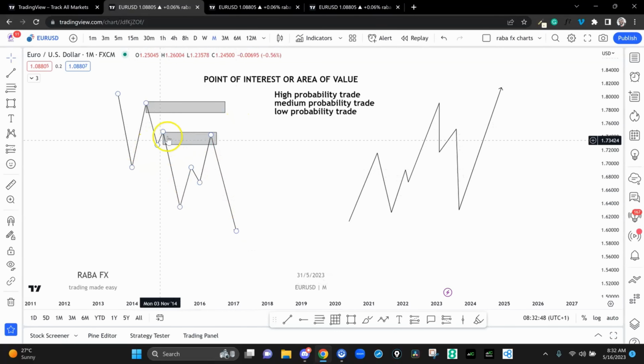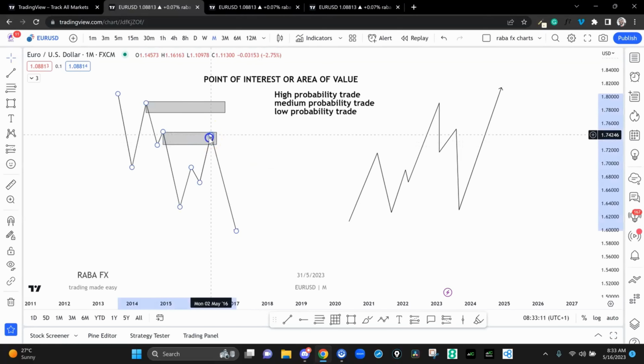Then you look at the last demand zone or supply zone. In this case, a supply zone that took out this demand. Because demand pushed this price to the upside, so this supply came in and broke that demand. So that is a key level where you should be looking for trades. And in this case, I tag this a medium probability trade.